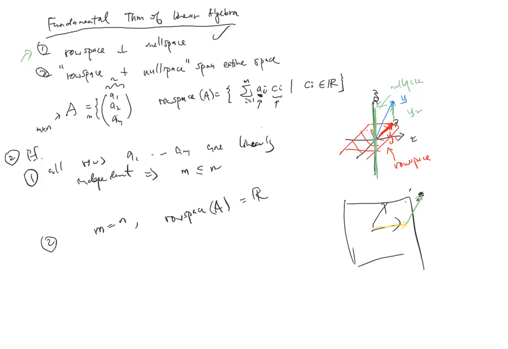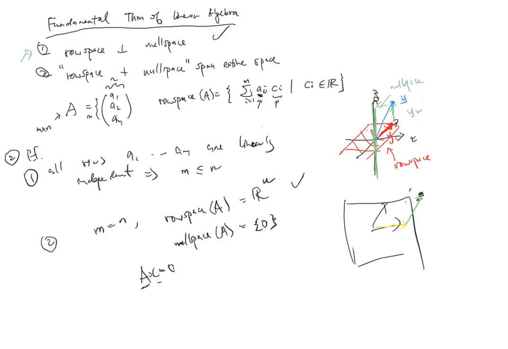Therefore, it is just equal to R^n here. And the null space in that case would be just equal to 0, containing only the zero element, because I have Ax equal to 0 and A is full rank. The only solution here would be x equal to 0. So in this case, actually, even what I have already is sufficient to show that this spans the entire space.